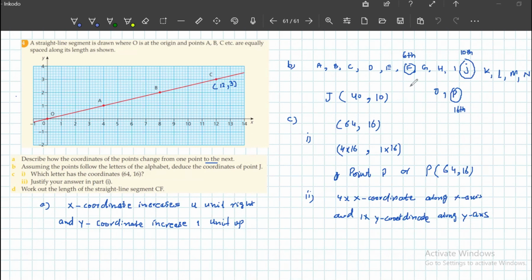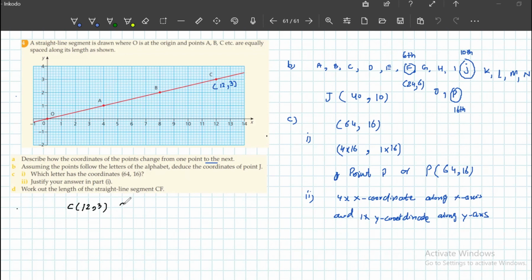So the point F can be 6 fours are 24, and along the y-axis 6. So the point C is 12 comma 3, and F, which is on the sixth position, is 24 comma 6.